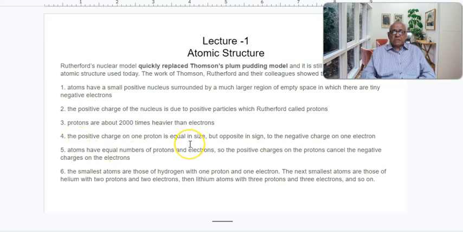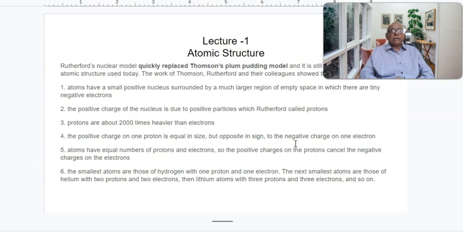The positive charge on one proton is the same but opposite in sign to the negative charge on one electron. Atoms have an equal number of protons and electrons as atoms are neutral, and the smallest atoms are those of hydrogen with one proton and one electron.